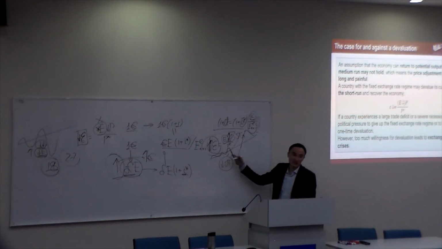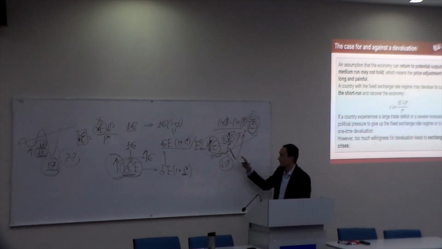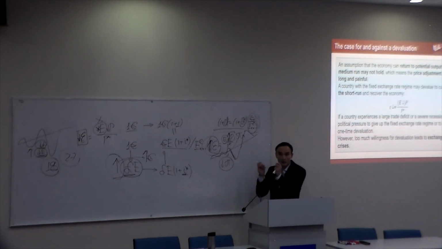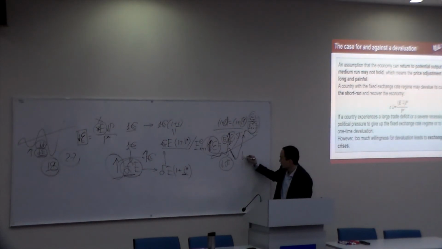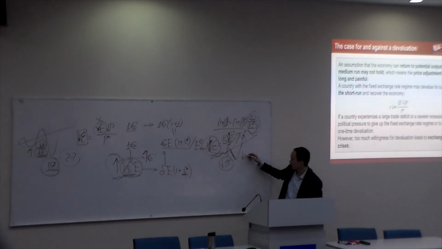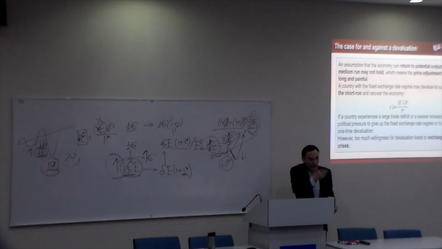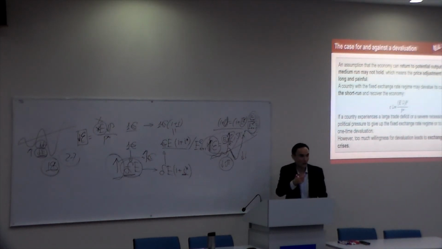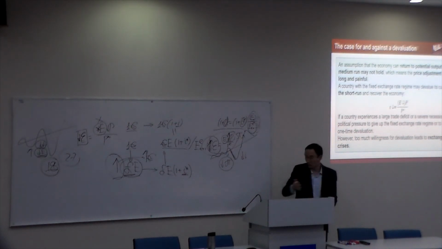If they change to a flexible exchange rate, they will have one more tool for fighting recession, which is monetary policy. They can reduce the interest rate, as expansionary policy, and they can print more money to help the economy recover.